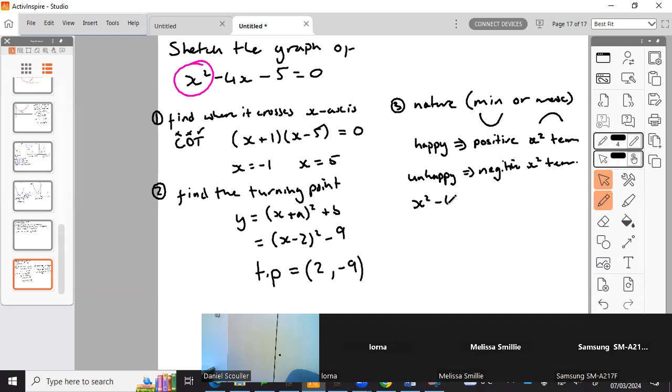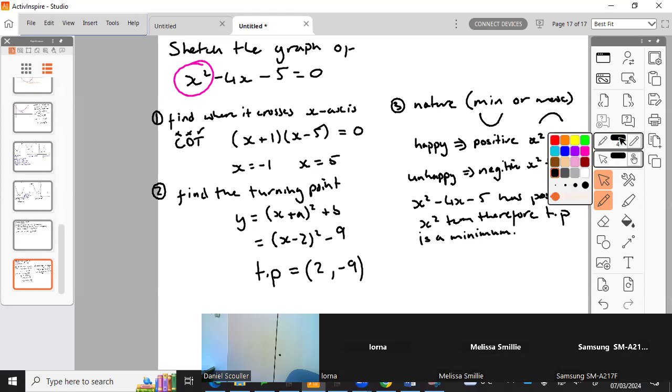x squared minus 4x minus 5 has a positive x squared term. Therefore, the turning point is a minimum. It'll be in that shape, the minimum shape.